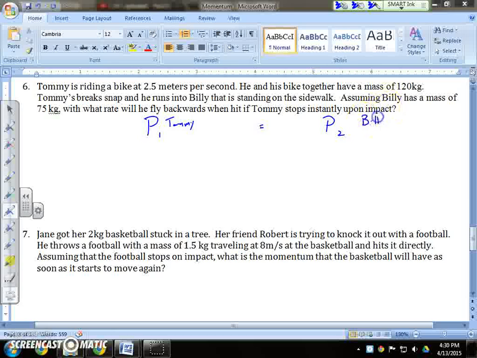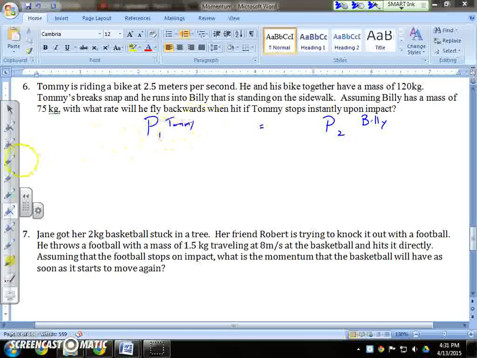This is because both of them exist in scenarios where the other one's not moving. Realistically, scenario one would be Tommy moving plus Billy standing still, but Billy standing still is zero. In the second situation, it would be Billy moving, but Tommy on the ground because he just fell off his bike, and Tommy would be zero.